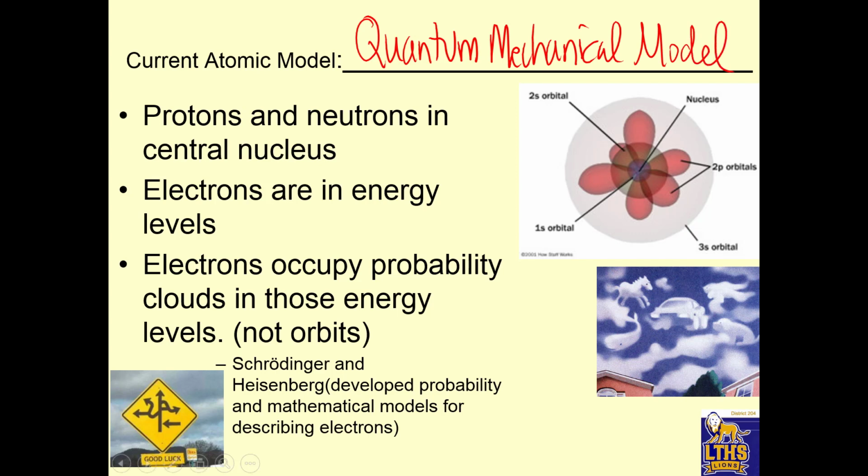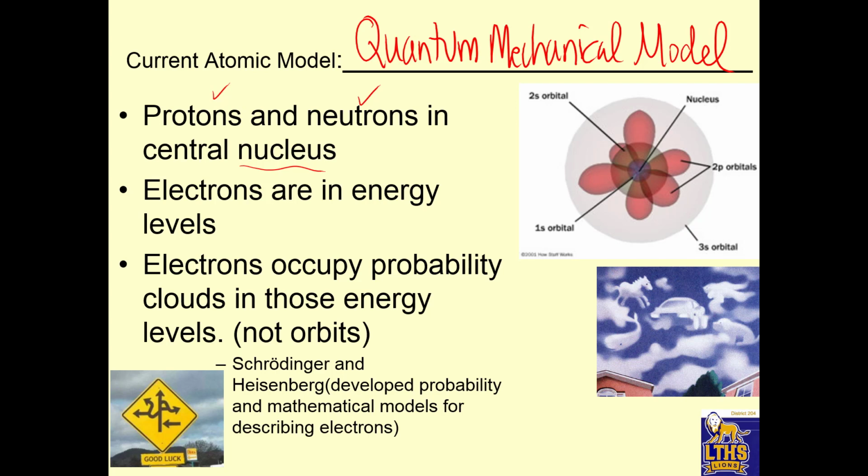So taking all of those previous experiments and evidence and ideas about atoms and adding to them and changing them, we now believe still that there are protons and neutrons in the nucleus of an atom and that there are electrons in energy levels outside the nucleus. And those electrons occupy energy levels, but the energy levels don't look like rings. They look more like clouds of possible places to find electrons. Okay, so we call these things orbitals, right?